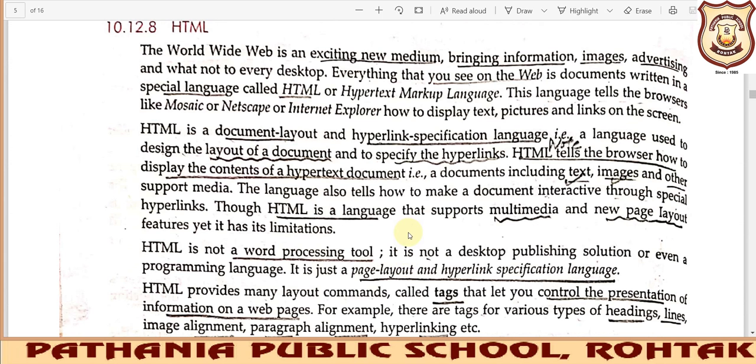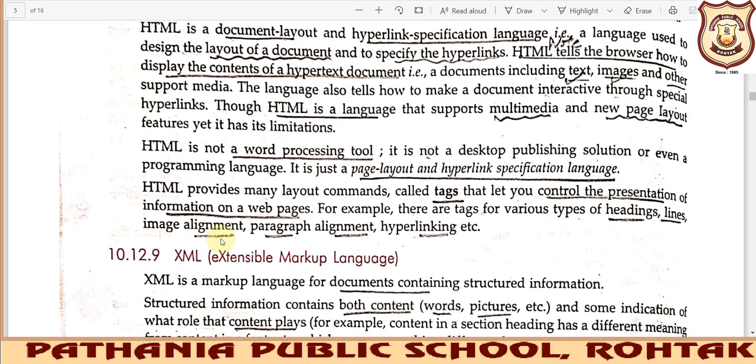It is a very important language, because HTML tells the web browser how to display the contents of hypertext documents. It can include text, images, and other support media also. HTML supports multimedia and new page layout features.